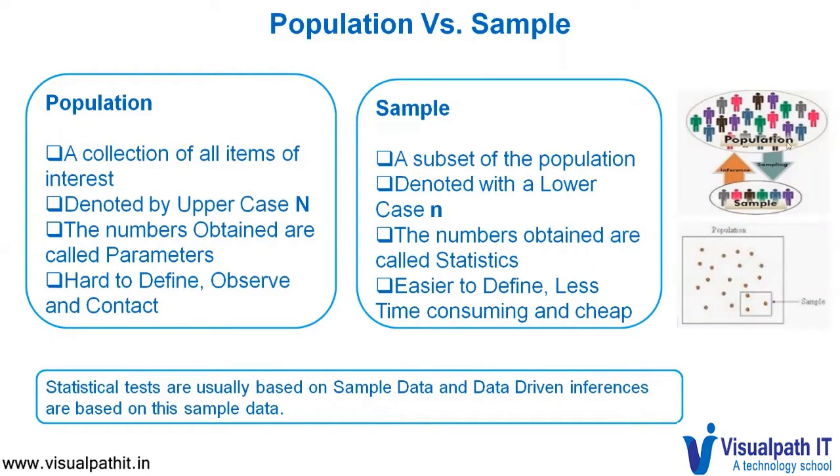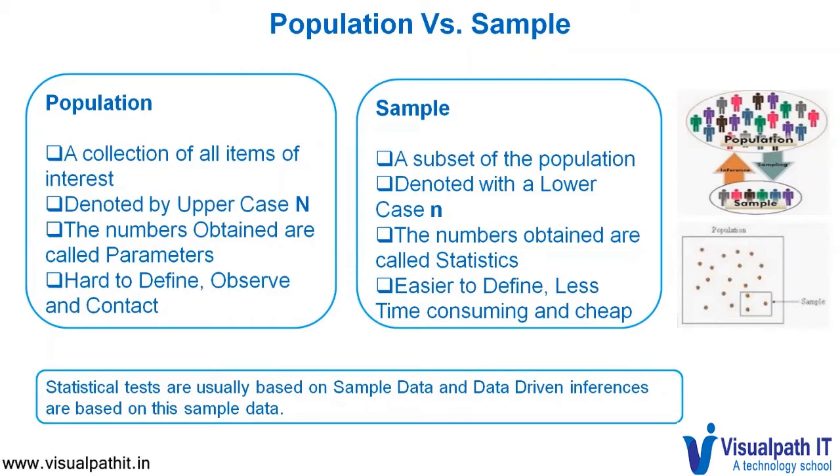A population is denoted by an uppercase N, and a sample is always denoted with a lowercase n. The numbers obtained from a population are called parameters, and the numbers obtained from a sample are called statistics.